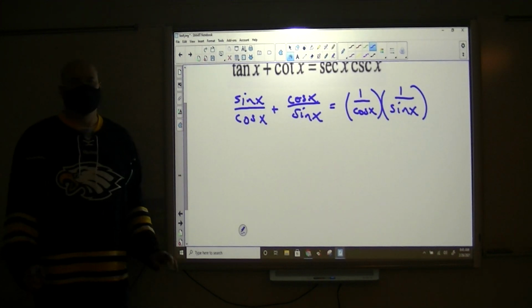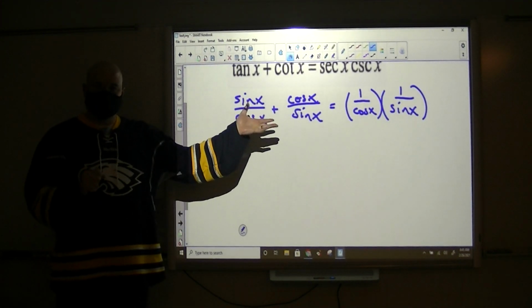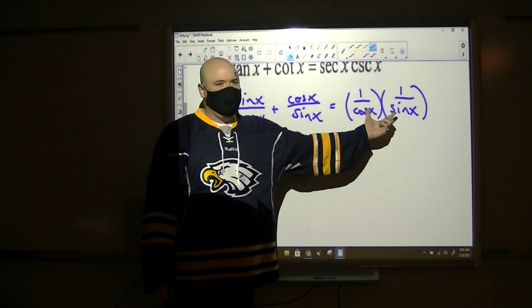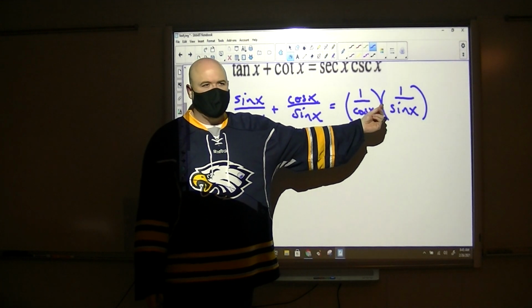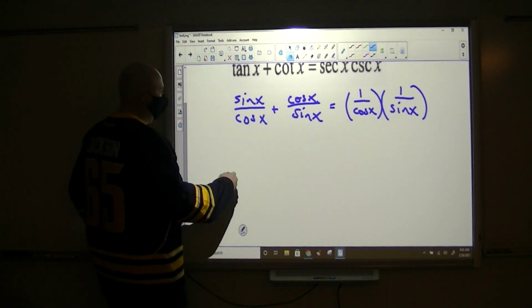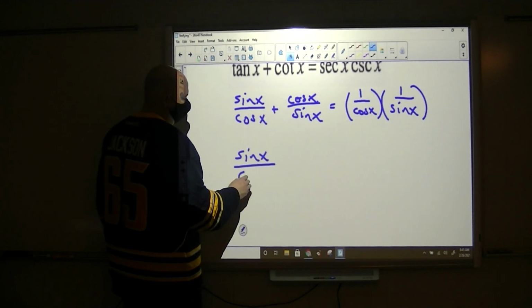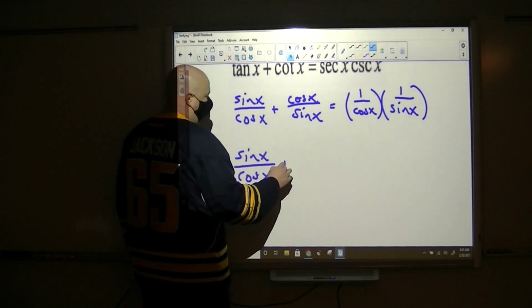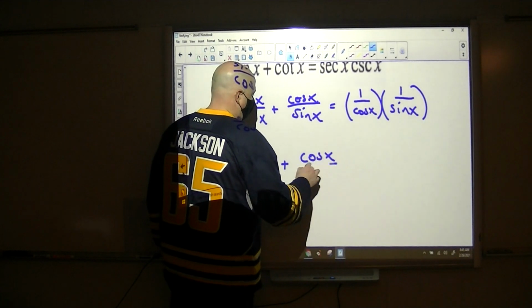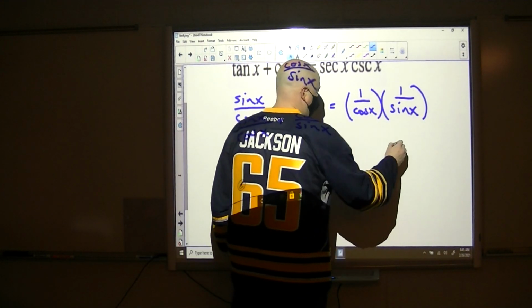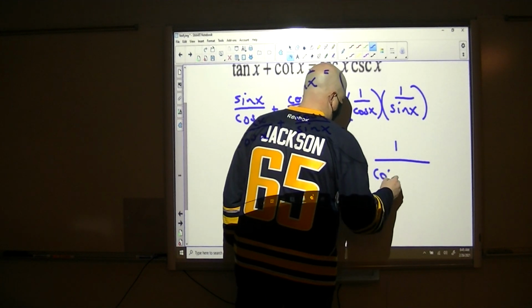Right? What can I do to quote unquote simplify? I just use the tool. What can I do to simplify? I can actually multiply these together, put them in one fraction, so I'm going to do that. I can't do anything here yet. But on the right side, to simplify that, I'm going to multiply the tops and the bottoms, and I'm going to get this.